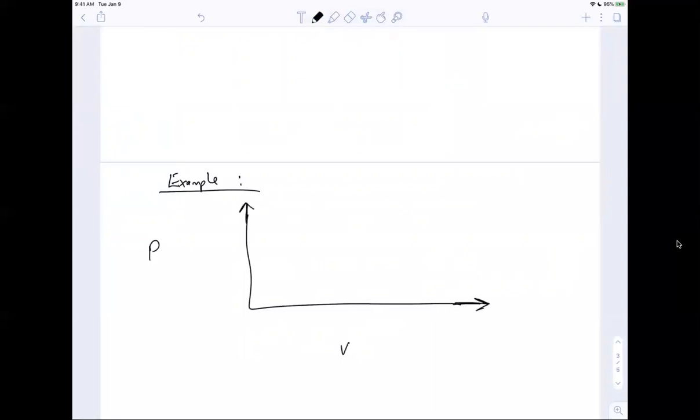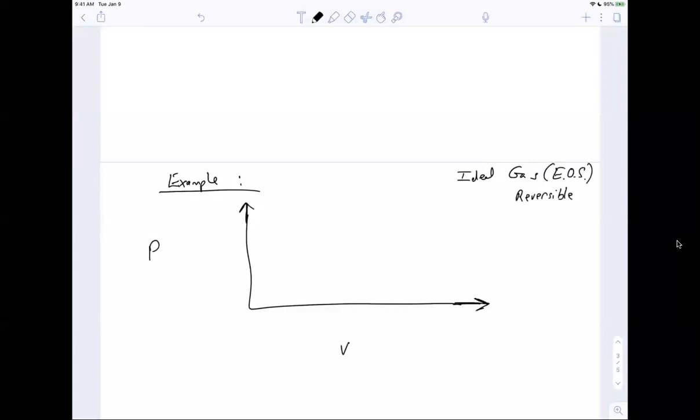Okay, so let's consider a few processes for an ideal gas. So let me just say that we have an ideal gas. Okay. So that's our equation of state. Very simple. Okay, and everything, unless stated, is reversible. Okay.